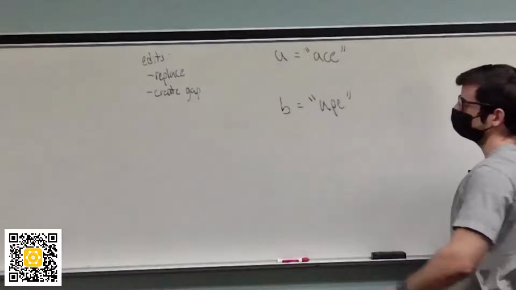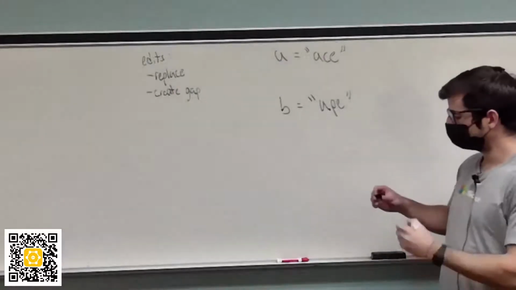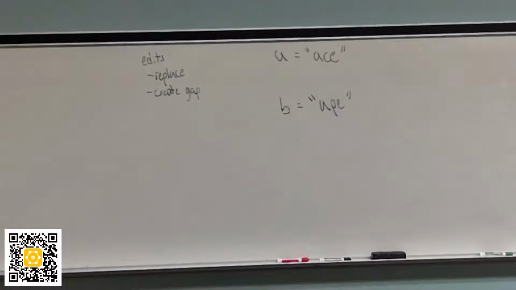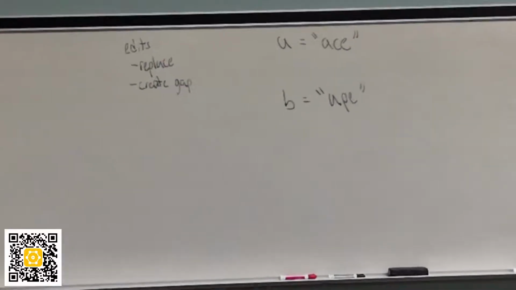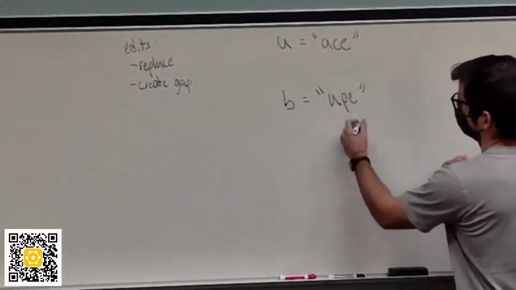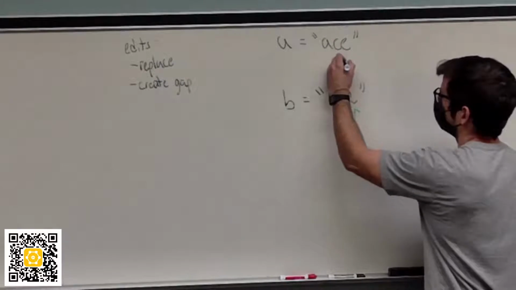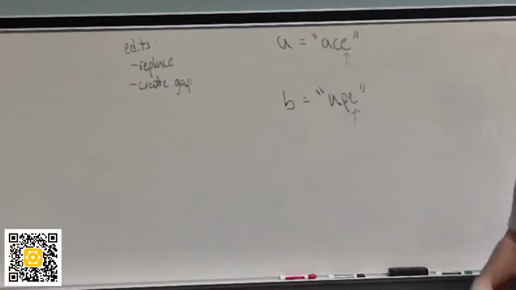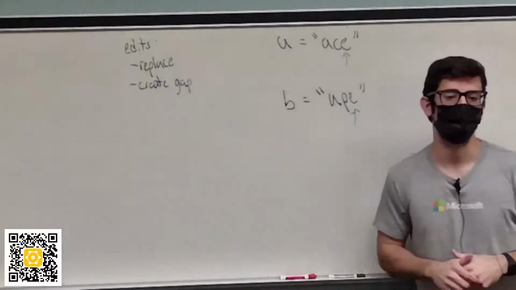So A is equal to ace, B is equal to ape. When the characters are equal to each other, what do we want to do? Do we want to make an edit in this scenario?